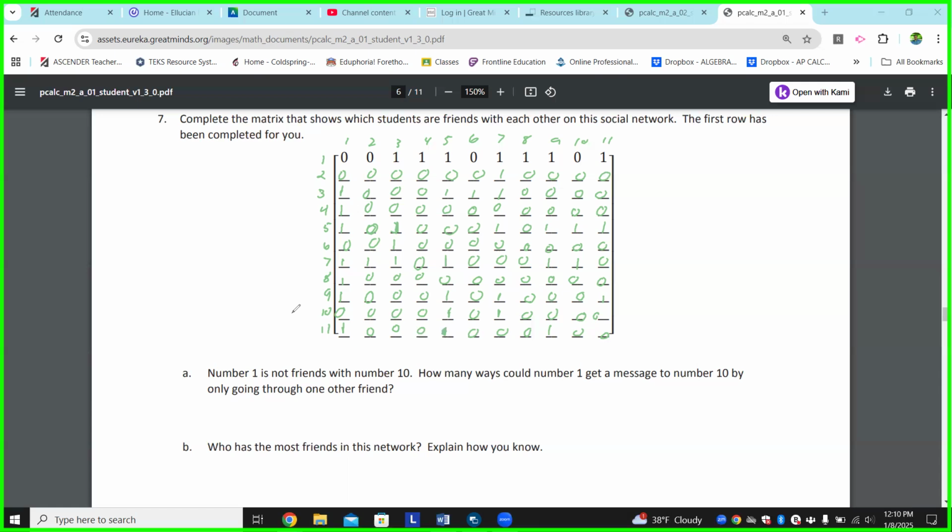All right, but let's answer some of the following questions that go with it. So part A says number one is not friends with number 10. How many ways could number one get a message to number 10 by only going through one friend? Think about it, work through it, and then we'll come together.